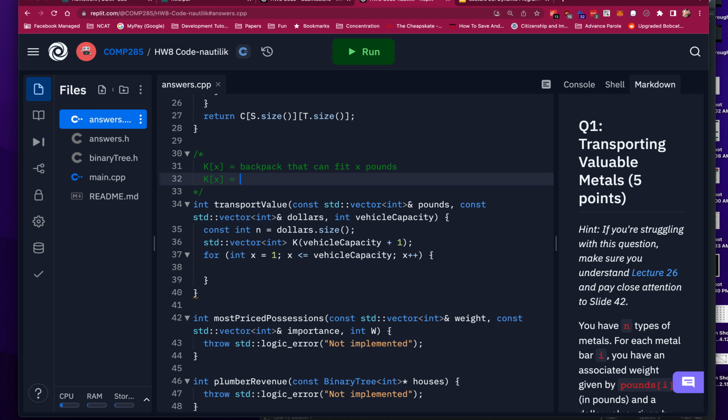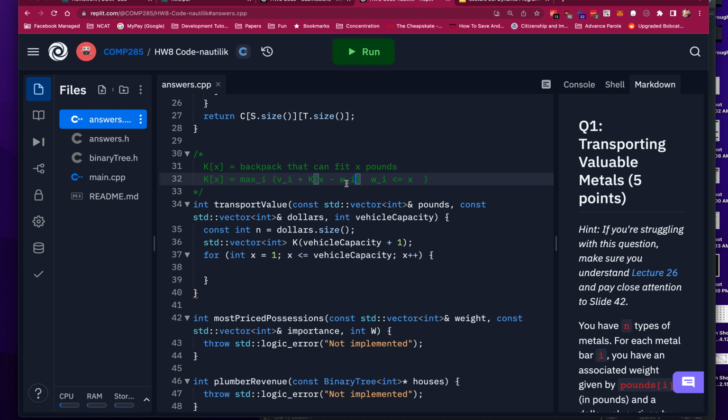You're basically saying for all items i, for all possible items, take the maximum over, well, if I can fit that item, so if the item weight, wi, is less than or equal to x, so if it fits in the backpack, consider taking it. So that's going to give me value i dollars, because I took it, plus how much can I fit in a backpack that can no longer fit the weight i, right?